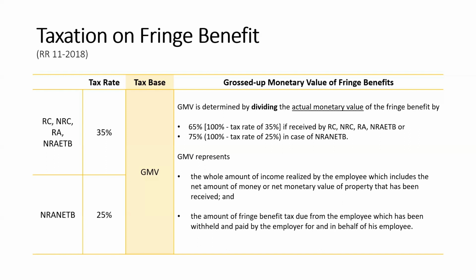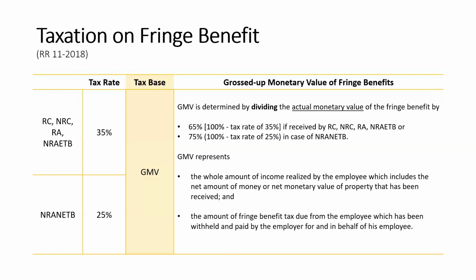That would give you the grossed up monetary value. Once we get the grossed up monetary value, we multiply it by 35% or 25%, that is your fringe benefit tax. So the GMV, the grossed up monetary value, is the actual monetary value plus the fringe benefit tax.